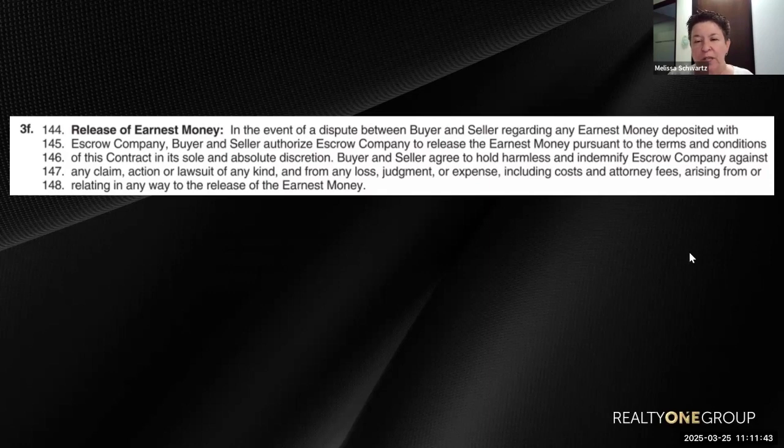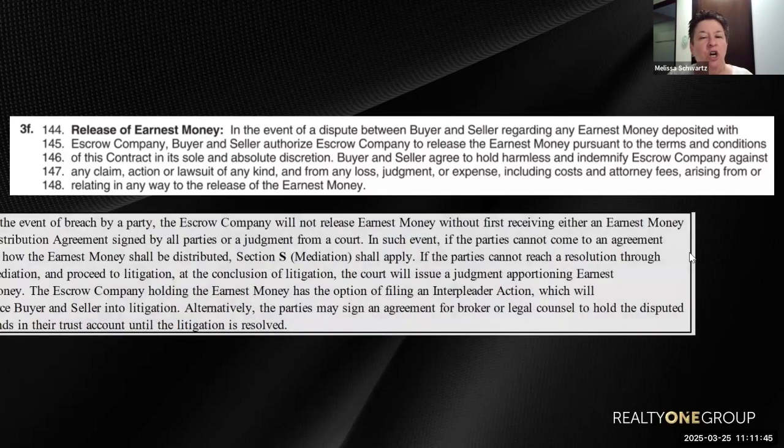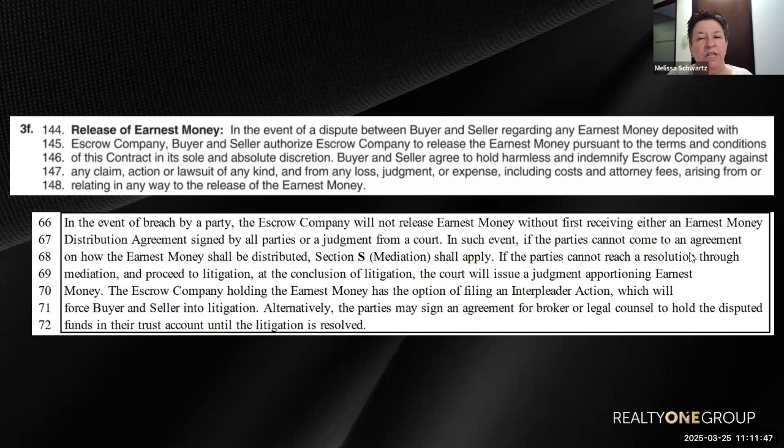Okay. Release of earnest money. So here is going to be a little twist. In the release of earnest money, it says that in the event of a dispute, it is up to title to handle it. In this other one, it very clearly says the escrow company will not release earnest money without first receiving either an earnest money distribution agreement signed by all parties or a judgment from a court.